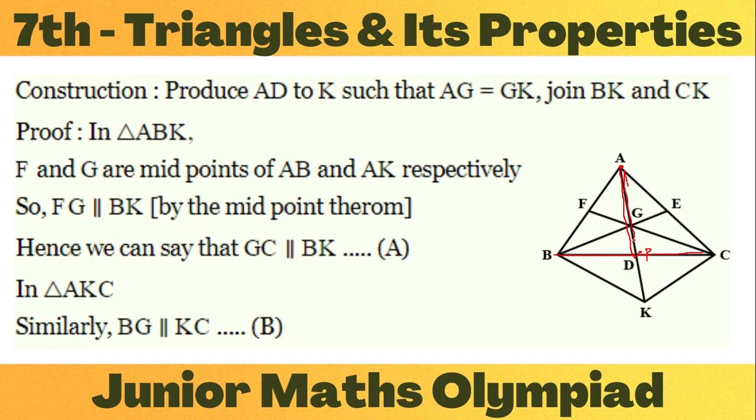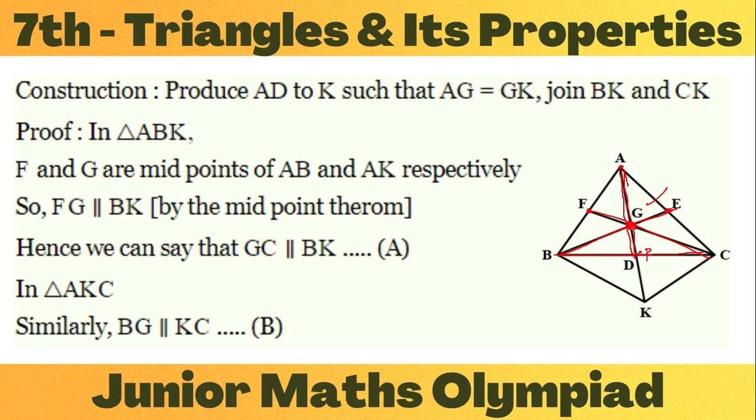So AD is the median to the side BC. In the same way, if E is the midpoint, then BE will be the median. If F is the midpoint, then CF will be the median. And the point of intersection of all the medians is considered as the centroid, denoted by the letter G.